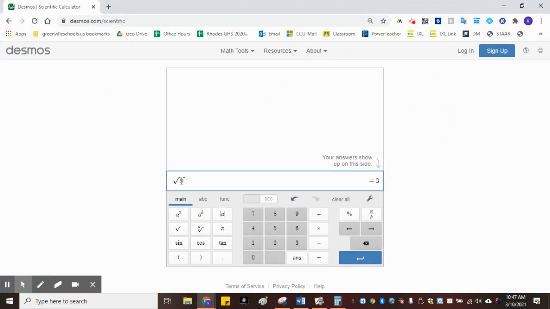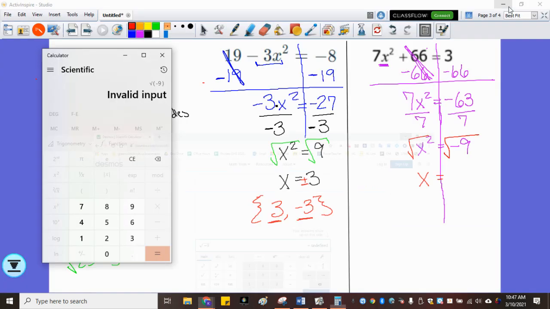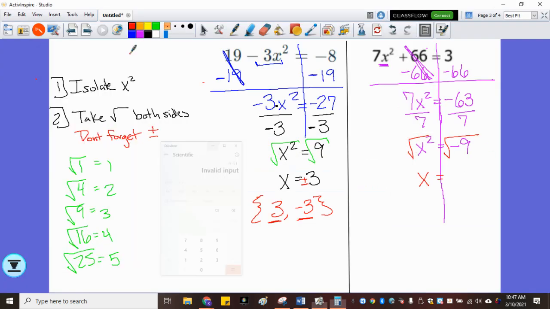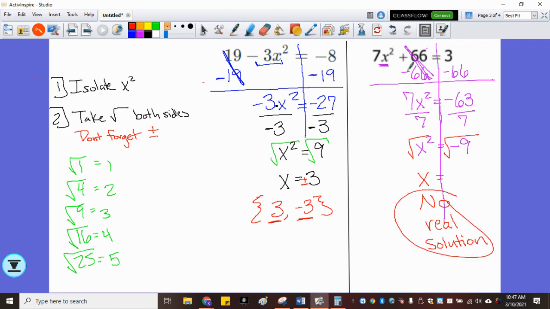So if I made it a negative 9, undefined. You cannot take the square root of a negative number. So I'm going to go ahead and tell you, no real solution, because there's something in math called imaginary. And so these are imaginary solutions. So there's no real solutions. You cannot take the square root of a negative number.